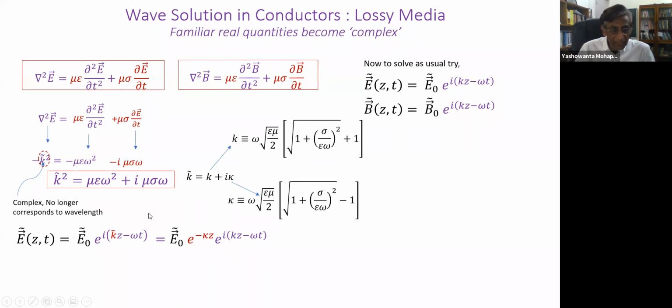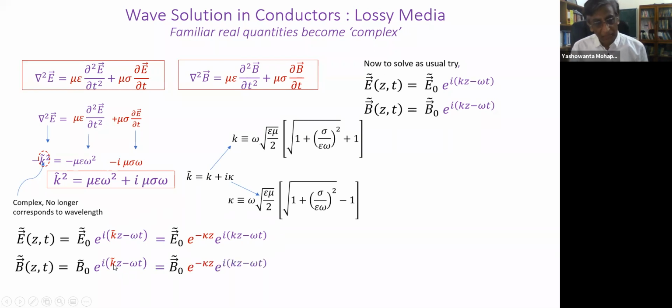If I plug this in, then I get e to the minus kappa z. Now this i k z is imaginary, so this is the oscillatory part. This is an imaginary exponential. But this part becomes now a real decaying exponential, e to the minus kappa z. Kappa is a positive quantity, and this is minus z.